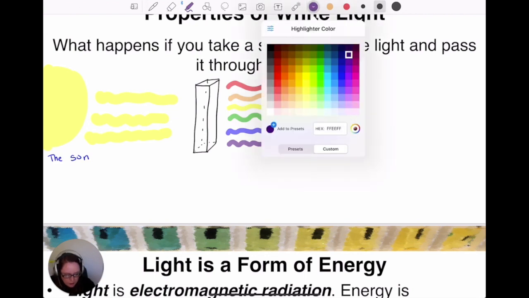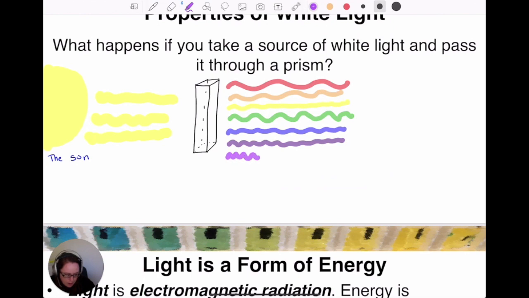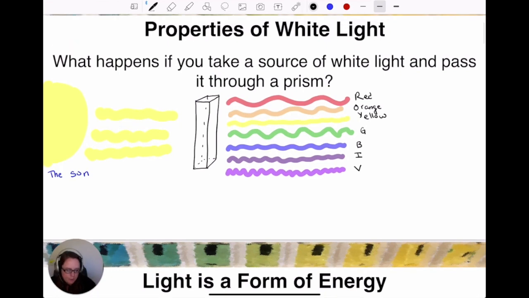And then violet, which we usually see depicted as being a bit brighter. So here's our Roy G. Biv. Red, orange, yellow, green, blue, indigo, and violet.